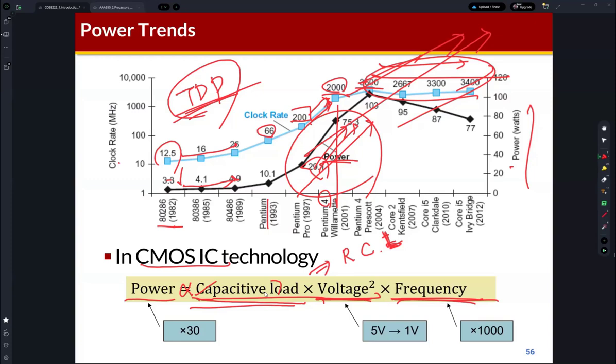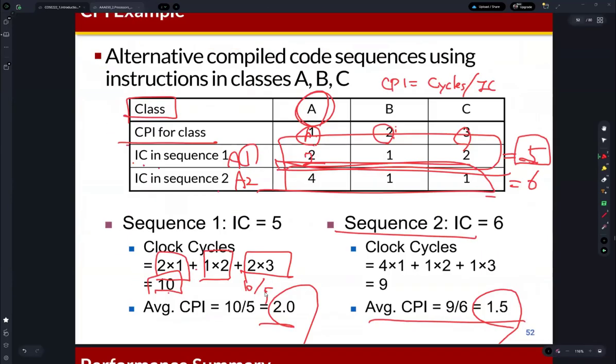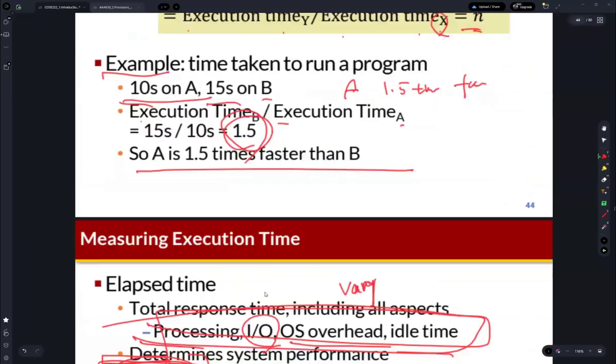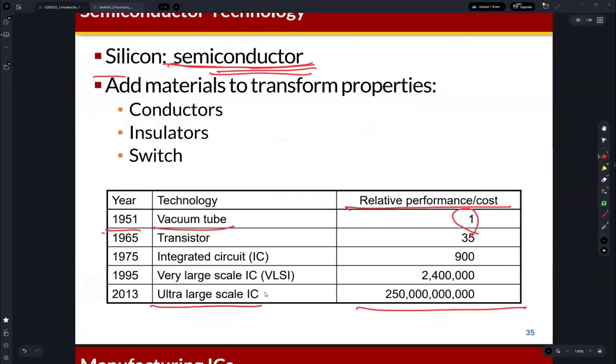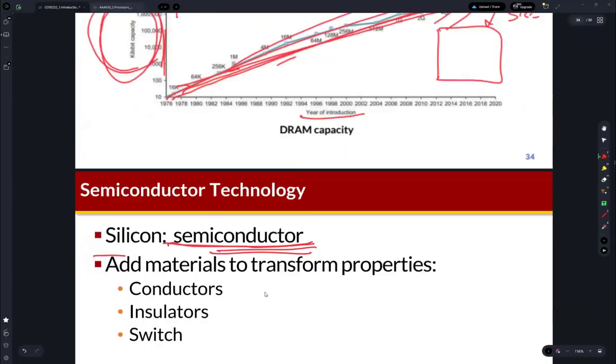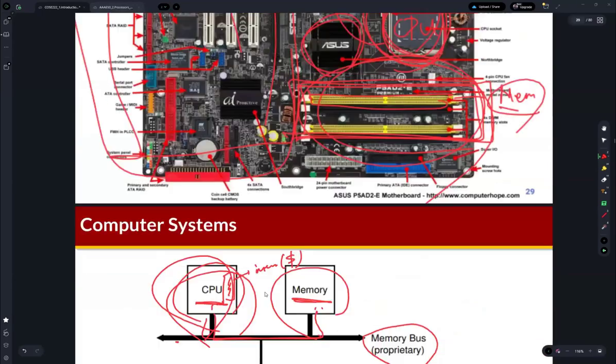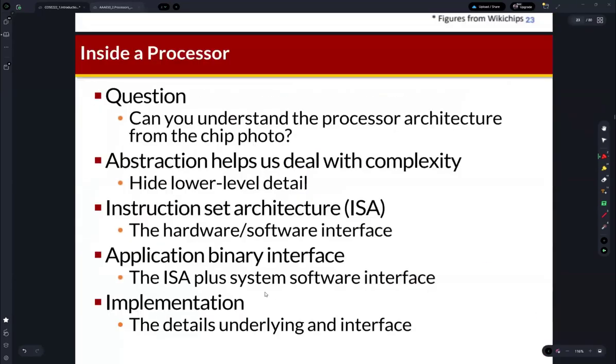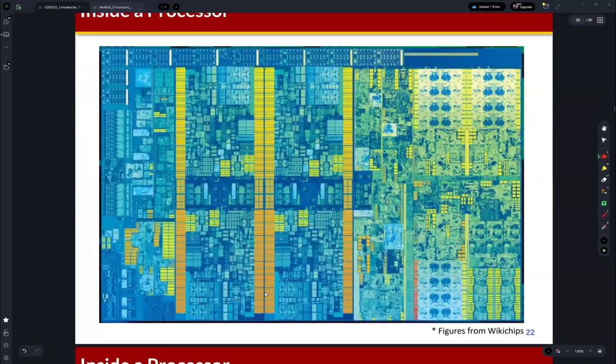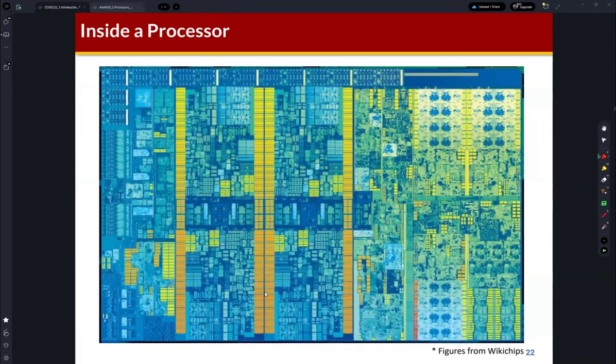If you see the chip photo, it's called the die photo, because a chip is called a semiconductor die. Where is the die? This is a die photo, right?